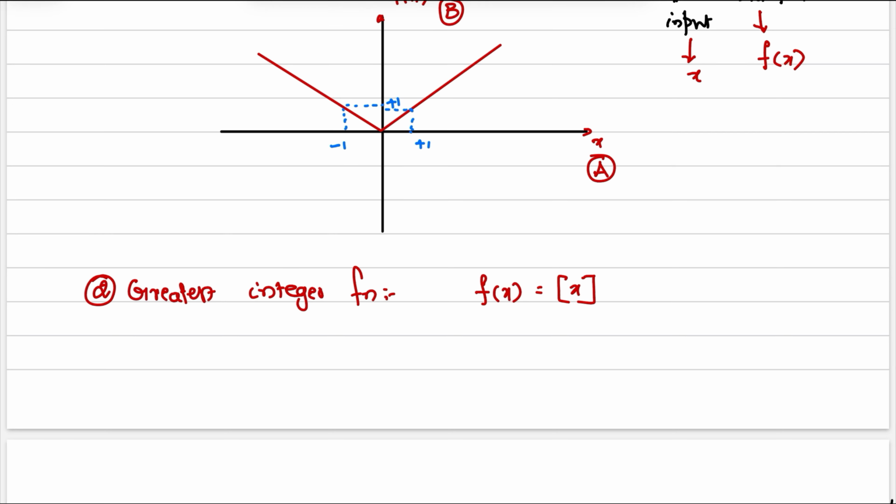For example, x is 1.2 means the greatest integer is 1. The greatest integer function gives the greatest integer value not exceeding x.